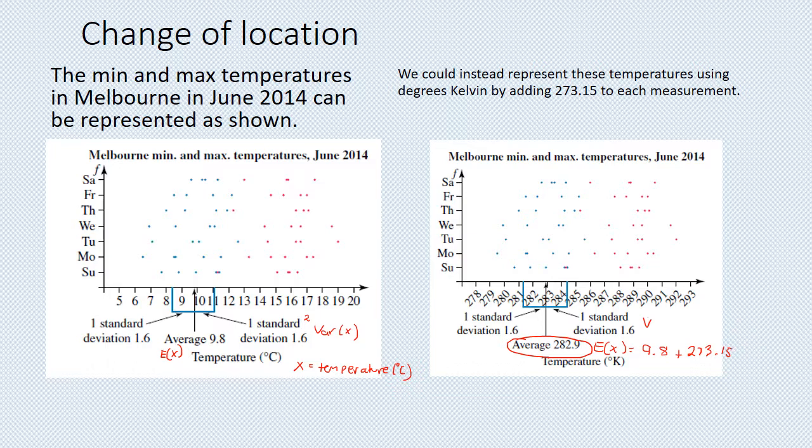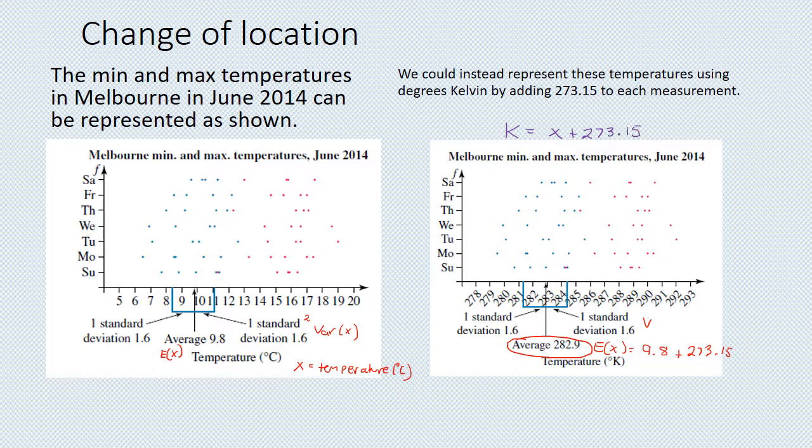So what we've created here is really a new random variable, and I could call this new random variable k, for example, and our new random variable is equal to our old random variable x plus 273.15.